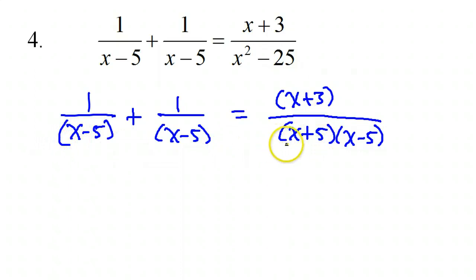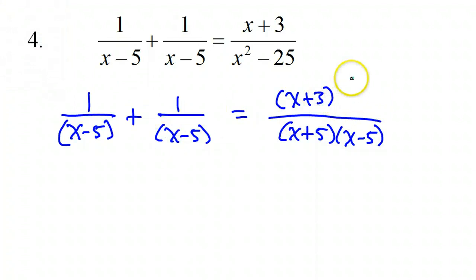So I'm going to look at the denominators. I see an x minus 5 and I see an x plus 5. So even though there are 3 x minus 5s, I'm not going to multiply by x minus 5 3 times.